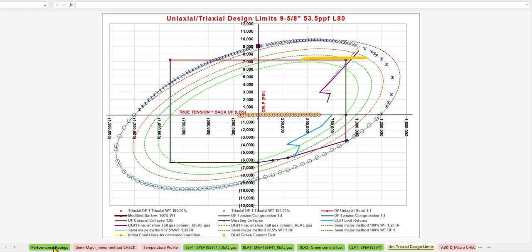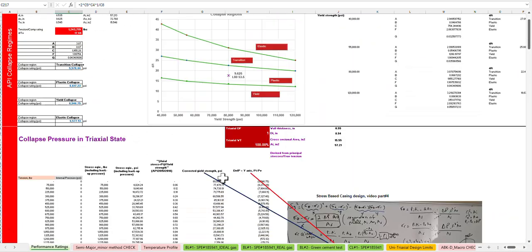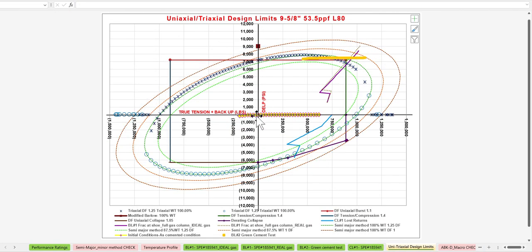What I want to show here is, for example, if I go back and change my design factor of triaxial to 1.25, and then come back here, as you see, the 1.25 exact solution of the triaxial burst and the collapse falls identical to the 100% wall thickness and 1.25 design factor of the semi-major and minor method. So they coincide as expected.